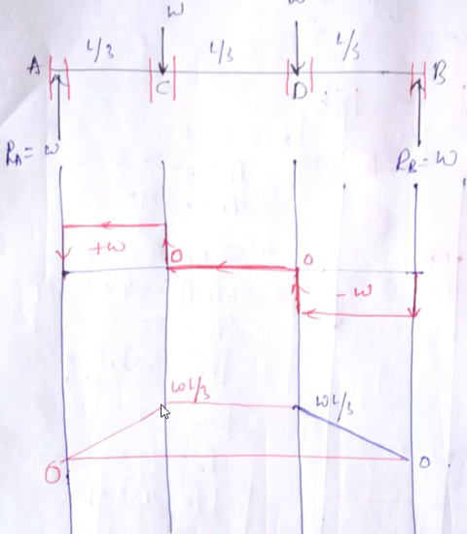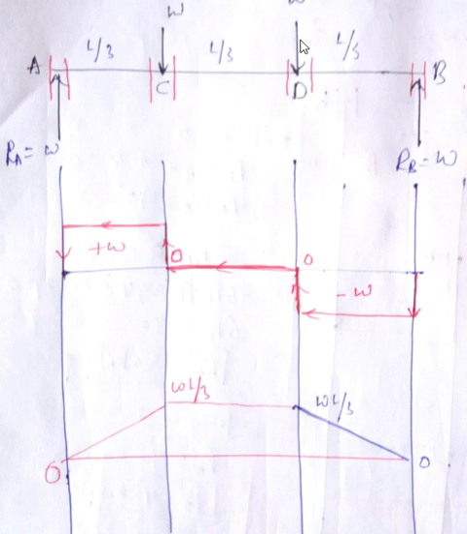Then at this section you can come from the right side or left side, but it is advantageous to go from the left hand side. You consider this section, there is a force but the perpendicular distance is 0, so obviously the bending moment at this section is 0. Now if you consider this section, like I told, you can come from the right side, but there are three forces.